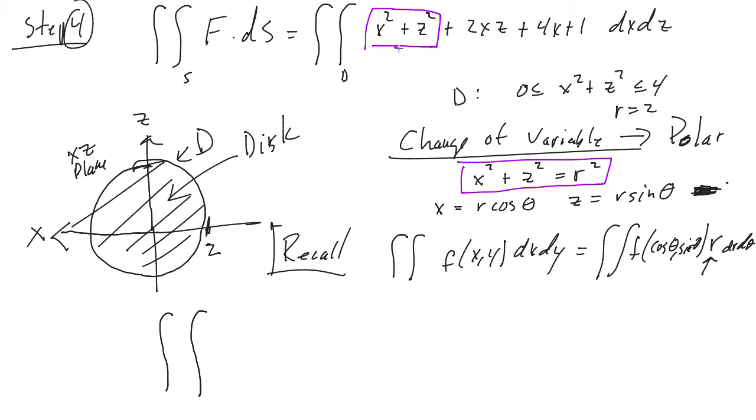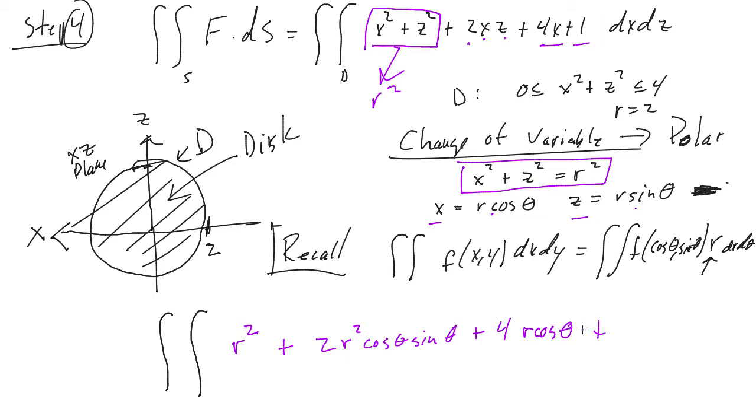Plus 2xz, here's x, here's z, so 2x times z is 2r squared cosine theta sine theta, plus 4x, so plus 4r cosine theta, plus 1.